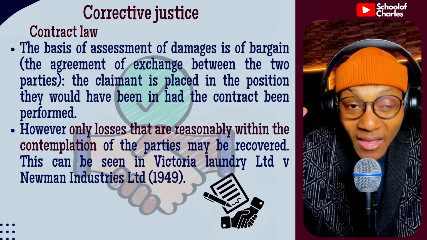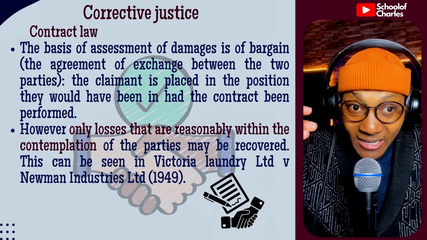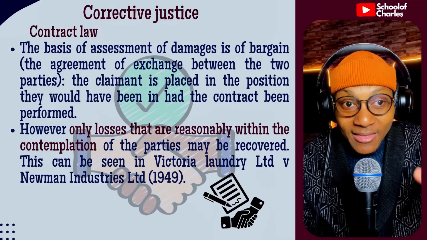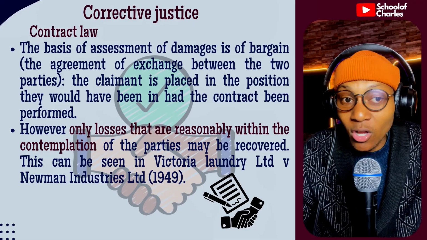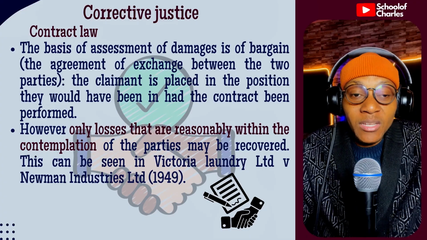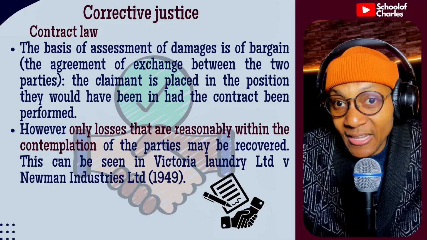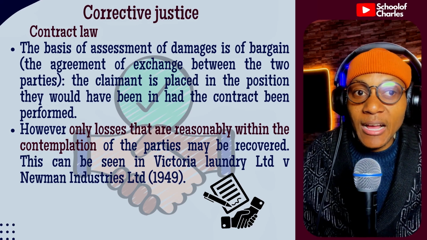So how would they possibly have known that they were making Victoria Laundry lose money? So the court decided they could recover the money they were supposed to make in the normal course of business, but not money they were supposed to make from the lucrative deal that they were supposed to have entered. So that's that from the lens of contract law.